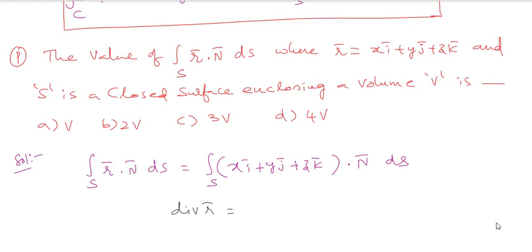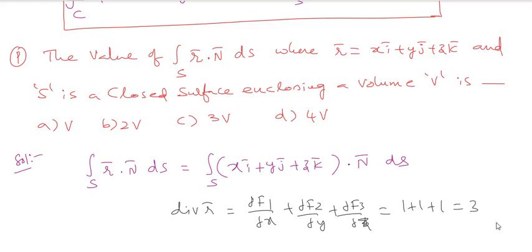If I take f1, f2, f3, it is dou f1 by dou x plus dou f2 by dou y plus dou f3 by dou z. Here x, y, z give 1 plus 1 plus 1, which is nothing but 3. That is the divergence.